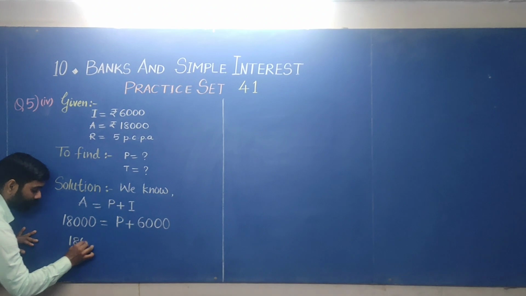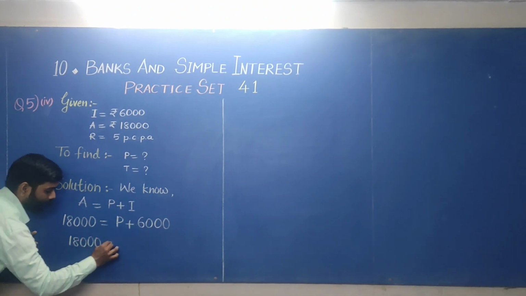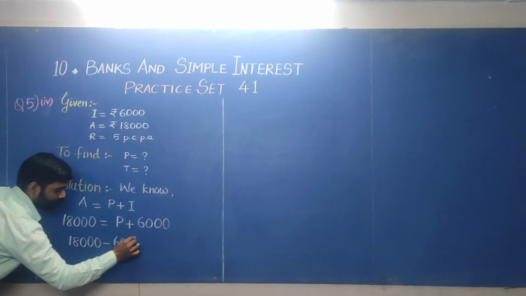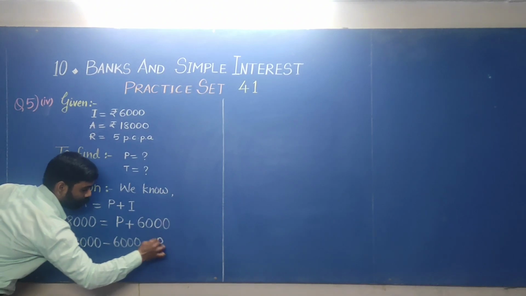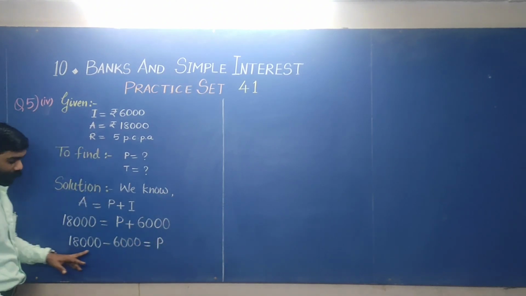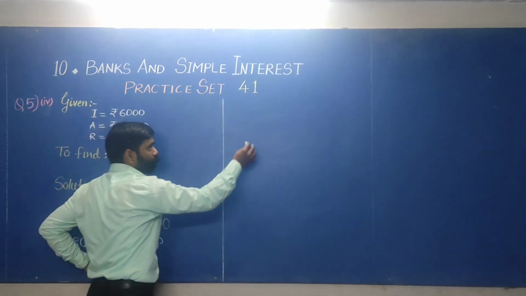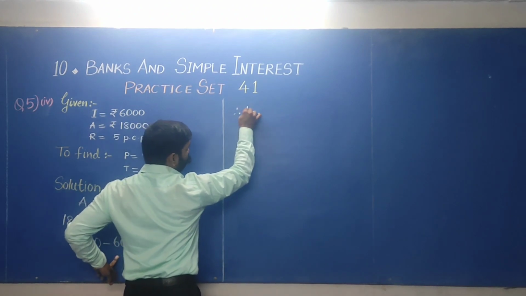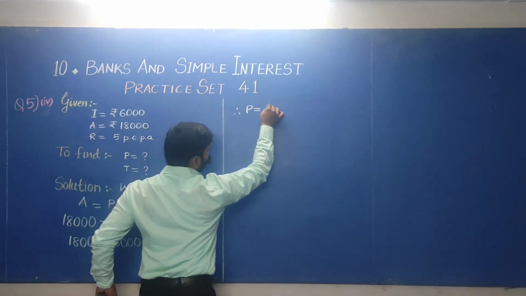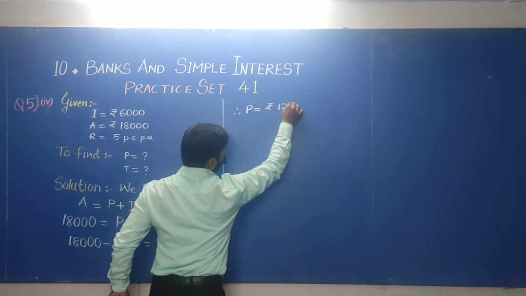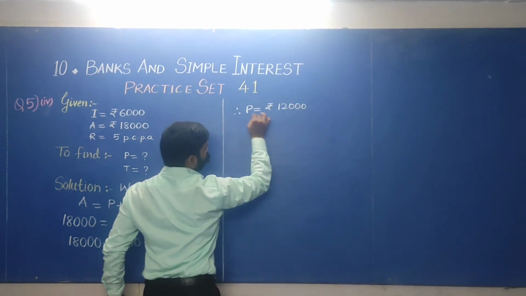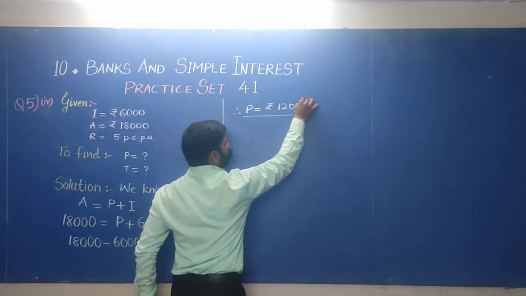It becomes 18,000 minus 6,000 is equal to principal. Now 18,000 minus 6,000 is 12,000. So therefore principal is rupees 12,000. Okay students, we got the principal.